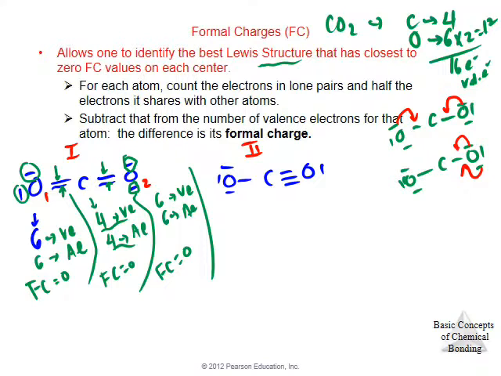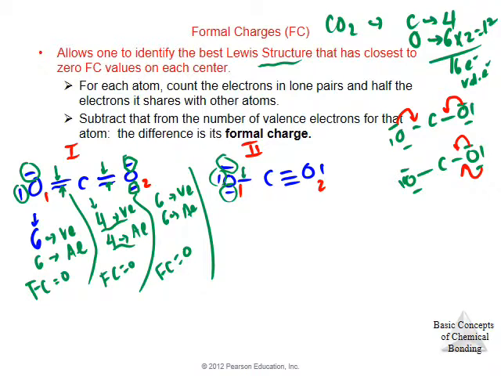Again, let's assign oxygen 1 and 2 so that we know which we are working on. For oxygen 1, what we now have is 2, 4, 6 solely on oxygen. Let me show you that. 2, 4, 6 solely on oxygen, and it's going to get 1 electron from that bonded electron pair, since it is shared between carbon and oxygen. So assigned electrons is 7. So let me write down the valence electron again is 6.